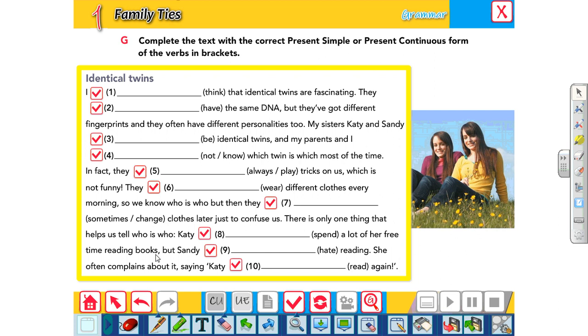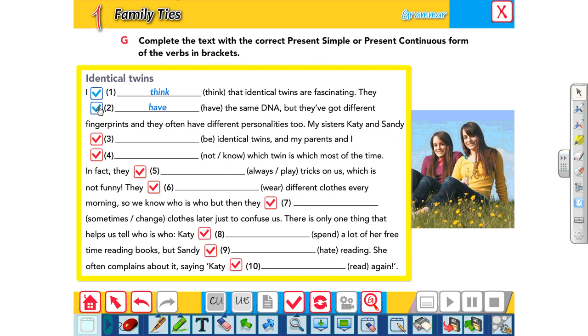I think. Think here, you're going to use it in the present simple or the present continuous. Do you feel that it's believe or consider? Sure, believe. So, I think they have the same DNA. Is that present simple or continuous? Is that a permanent or temporary action?